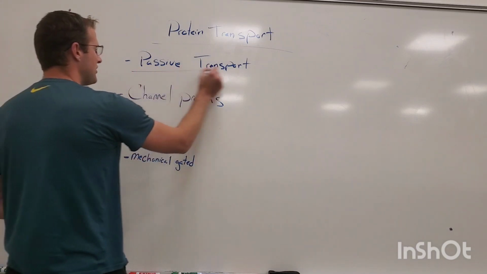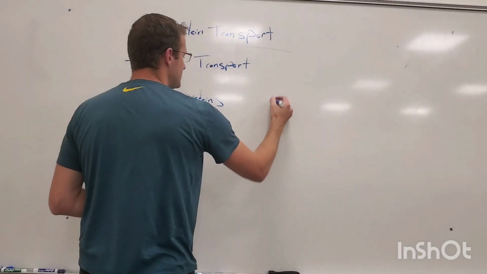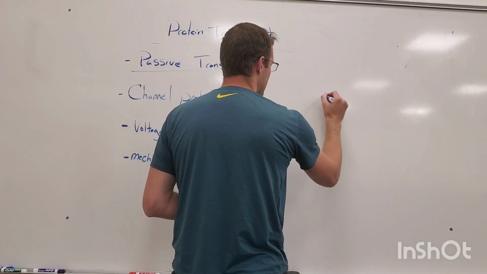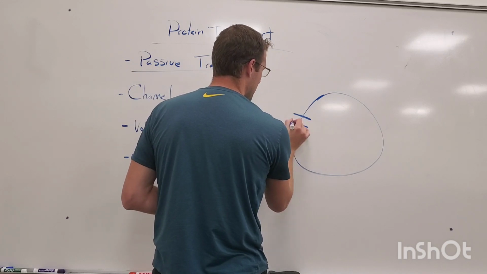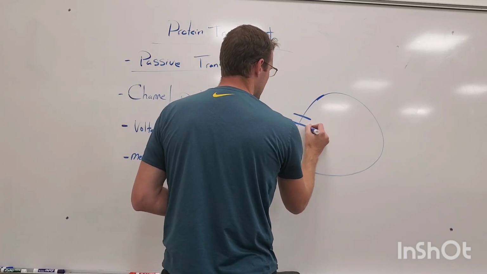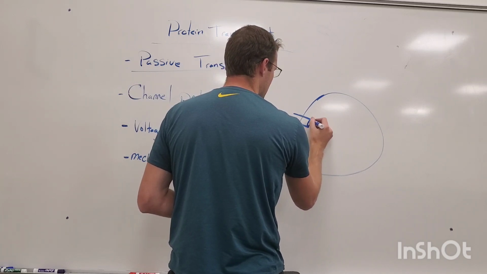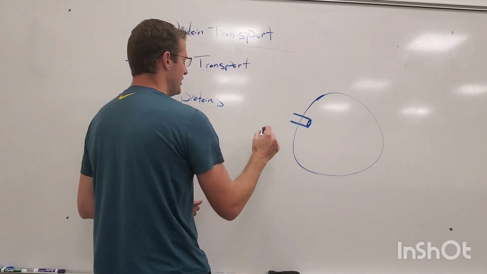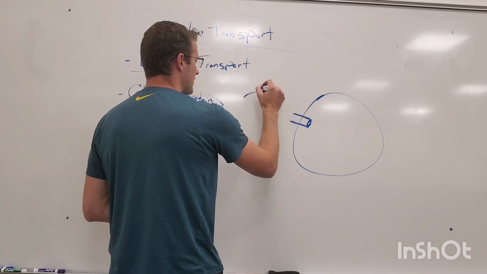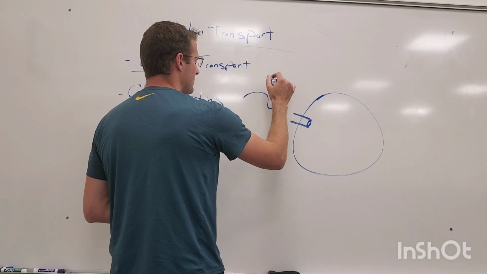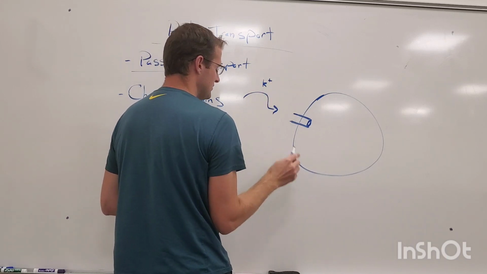Because these want to go with their gradient, most of these have a gate on them. So they'll have gates. So we'll draw, once again, our cell up here. If we draw a channel protein, it's going to have some sort of gate on it. And what happens is when something wants to come down here, so let's say we have a potassium.